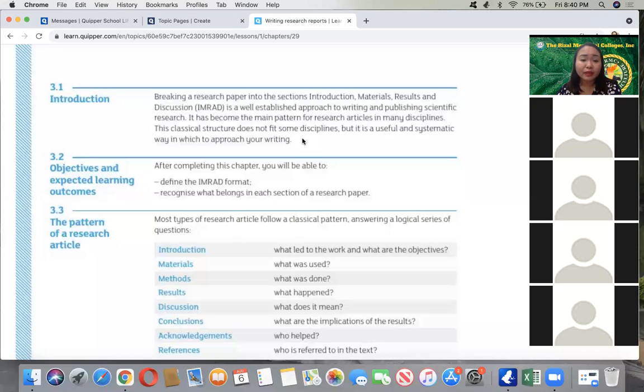Kasi why do you have to do a lot of appendices, a lot of review of literature, which are not usable for publication? Kasi usually for publication, hindi nakasali talaga yung RRL.